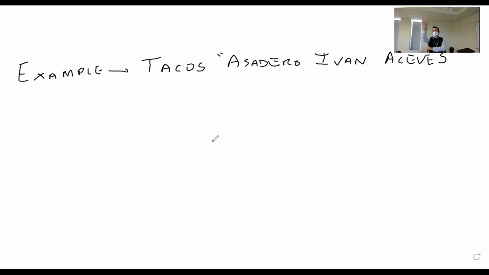So Ivan has an asadero, right? And he wants a database system for his taqueria. Let's look at the three situations that we were looking at. Let's say there are three versions of this database system.